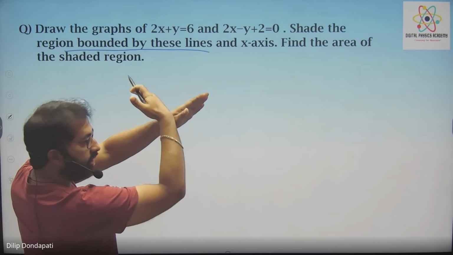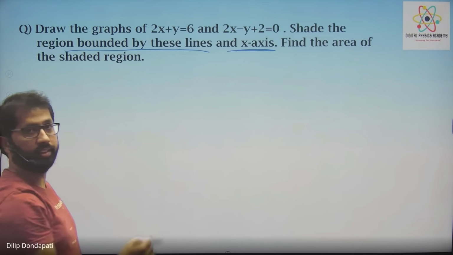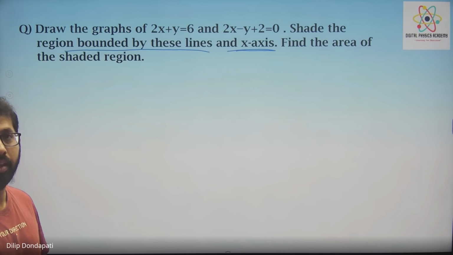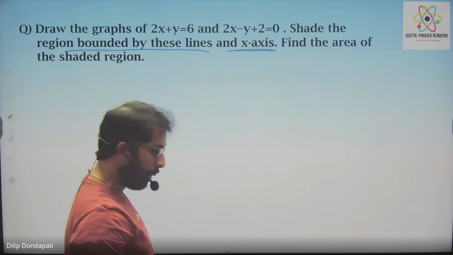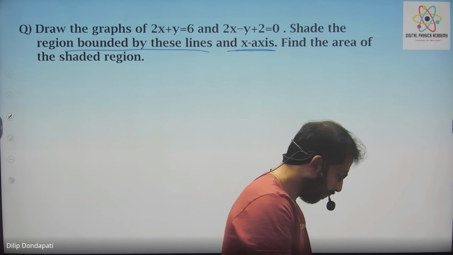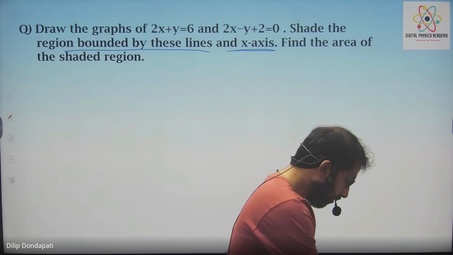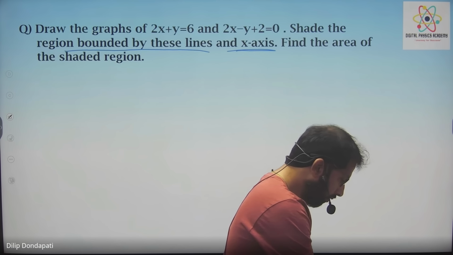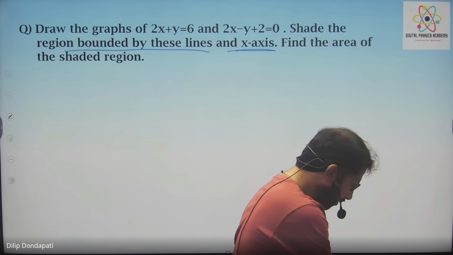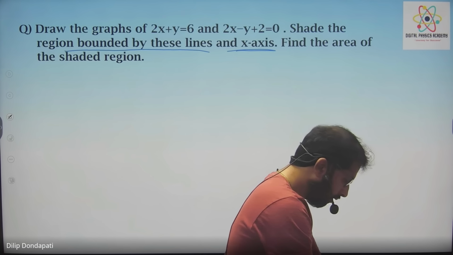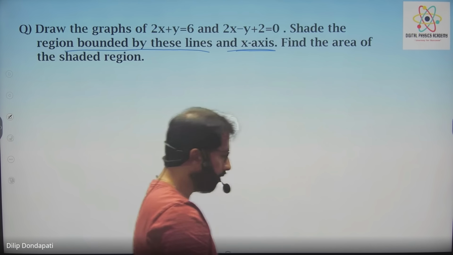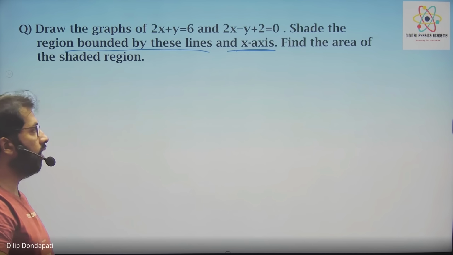The region bounded by these lines with the x-axis. So we have to find the area of that region. And tell the area, how much did you get?